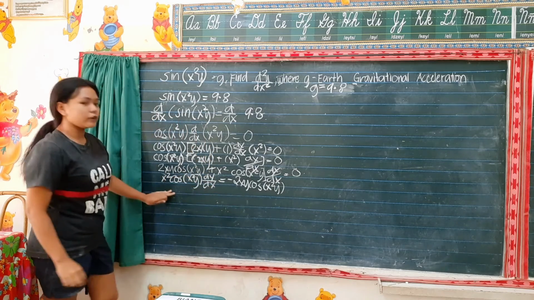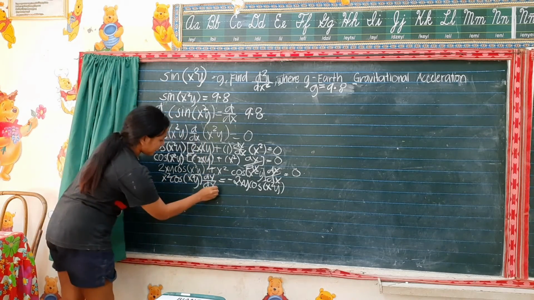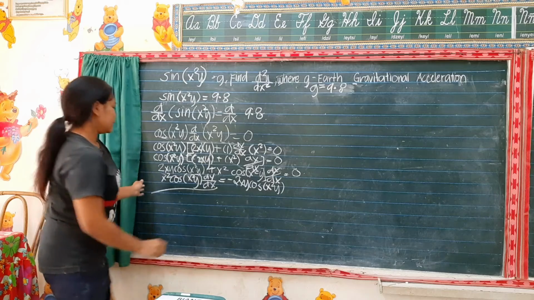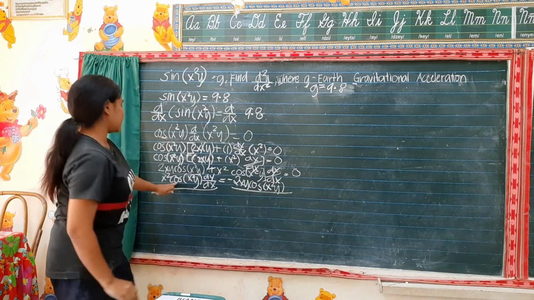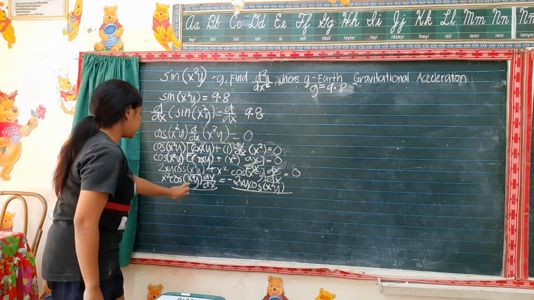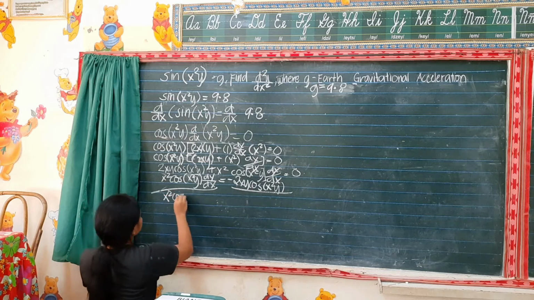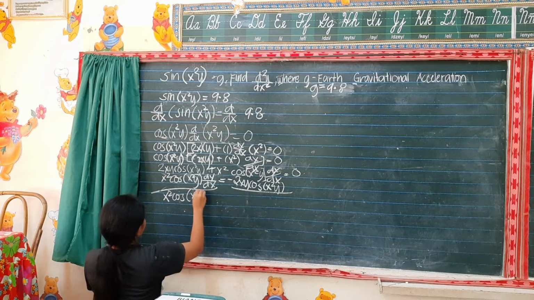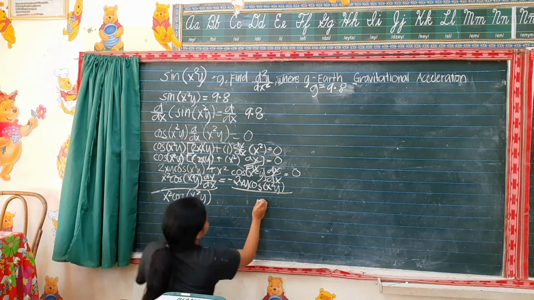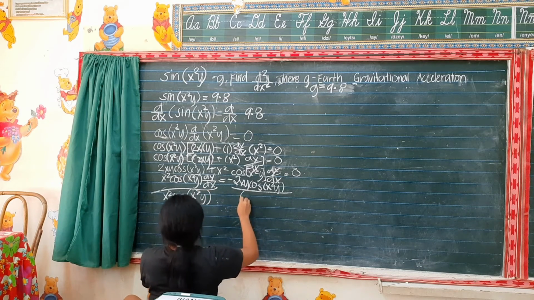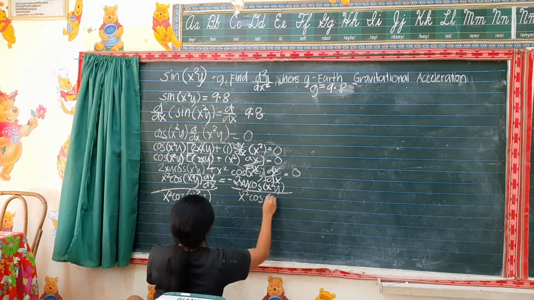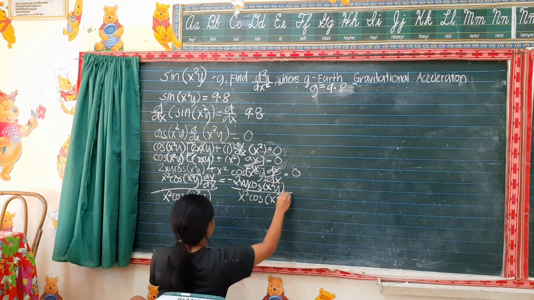Next we need to eliminate and divide by x squared cos of x squared y. Divide the other side by x squared cos of x squared y too.